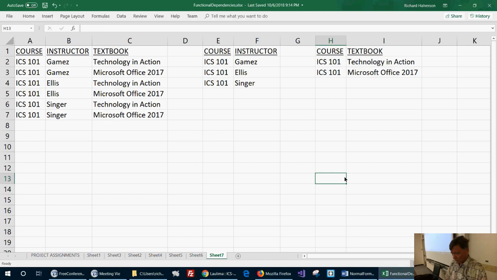Let's try to find that example. Oh, it's right here. CNO, XNO. I guess that's all we need for this one. Yeah, this is because it's a multi-value dependency. So this is an example of where you only need to divide it into two.